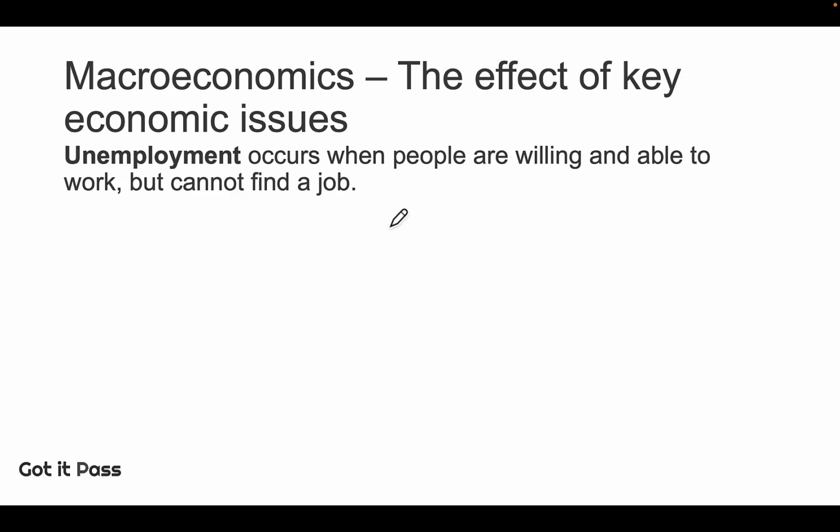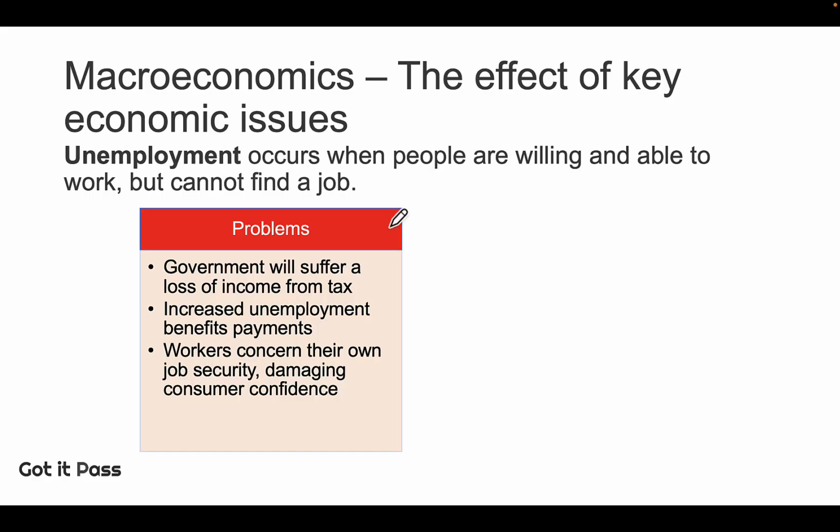The third economic issue that we would like to draw attention to is unemployment. When there is unemployment, it means that some people are willing and able to work, but they cannot find a job. There are problems and benefits of unemployment to the economy, to individuals and to firms.